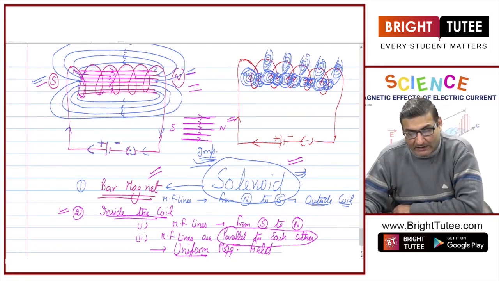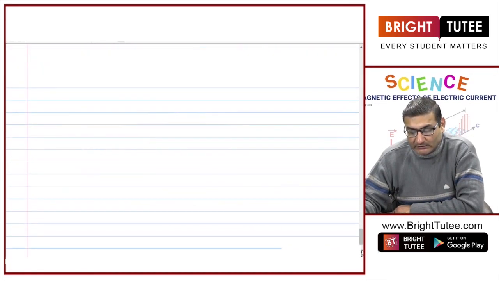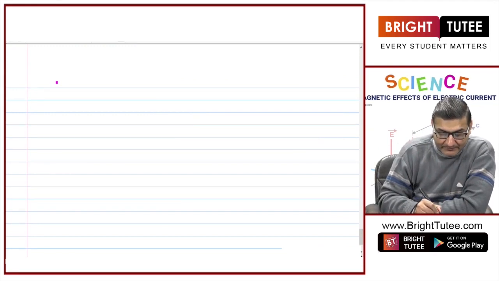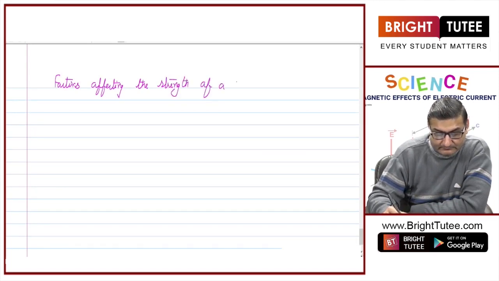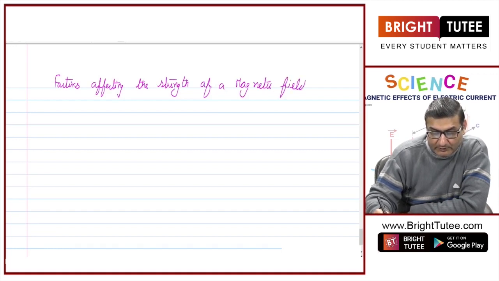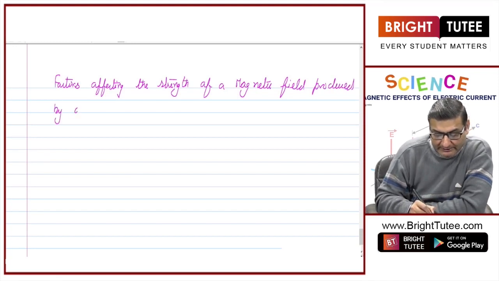Got it? Now, we have talked about the straight current carrying conductor. We have talked about circular, and same way we will talk about the strength of magnetic field. There are again the factors affecting the strength of a magnetic field produced by a solenoid.